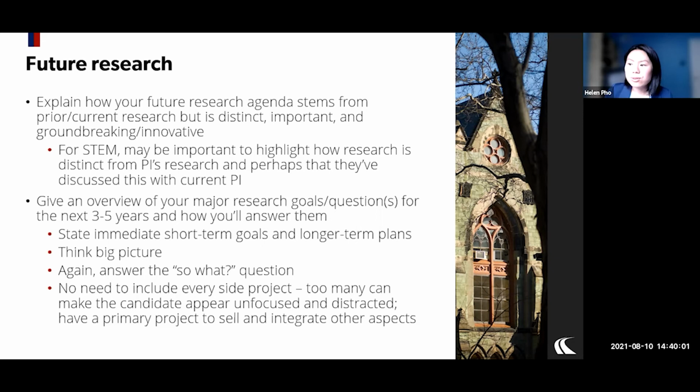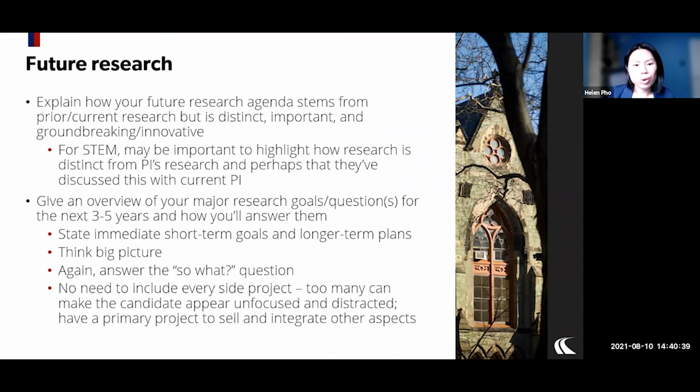And the reason for that is almost all search committees want to know how you're going to be able to hit the ground running if we were to hire you. Do you have a plan and do you know exactly what you're going to work on? So talking about those short-term goals can help alleviate those concerns about what you're going to be able to do if we were to hire you. And those longer-term plans are also important so that they get a sense of what you are going to do over the span of a couple of years before evaluation for tenure.